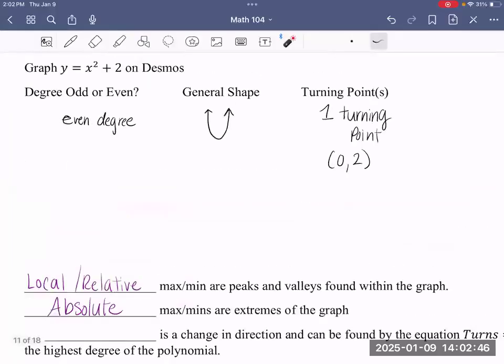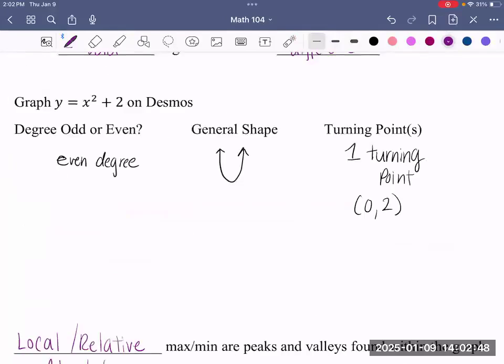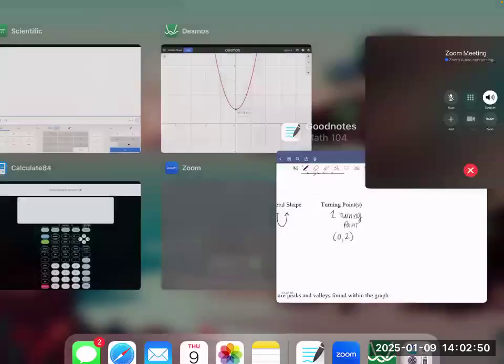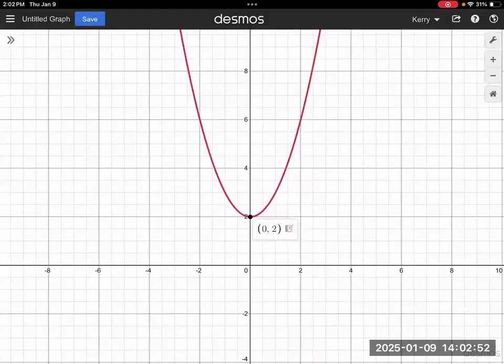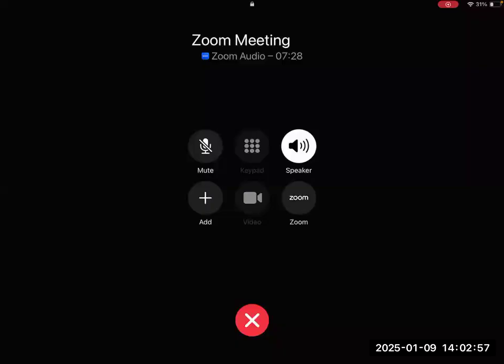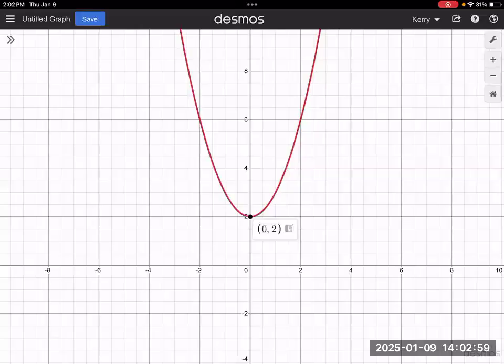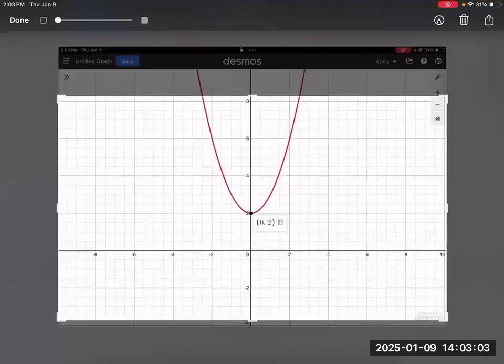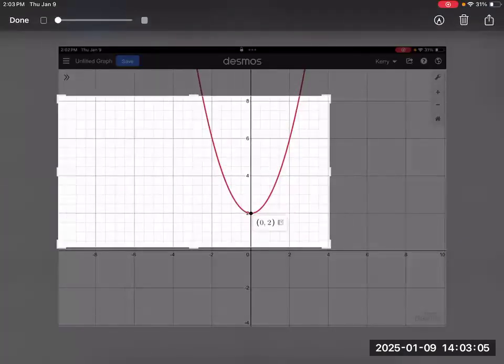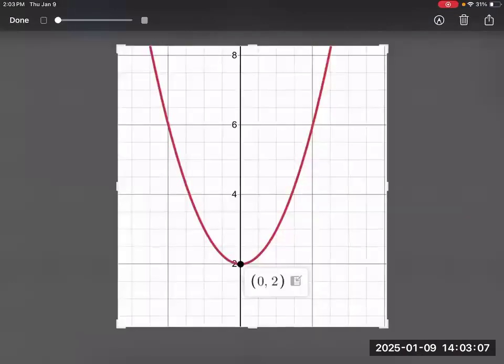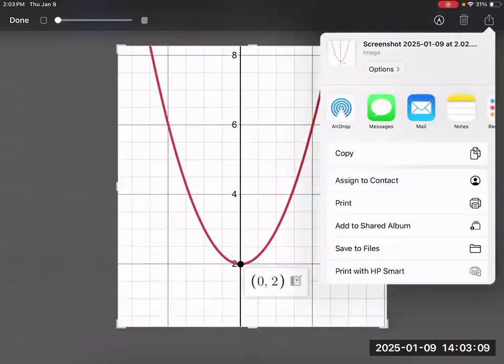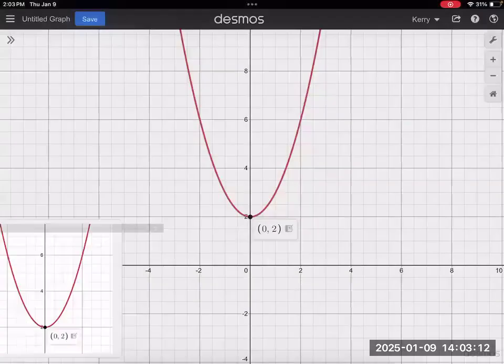This can be called, if on our graph specifically, maybe I take a picture of it. There we go. I'm still kind of learning my graph here. Let me save it to photos.